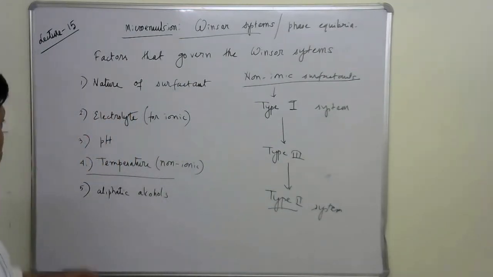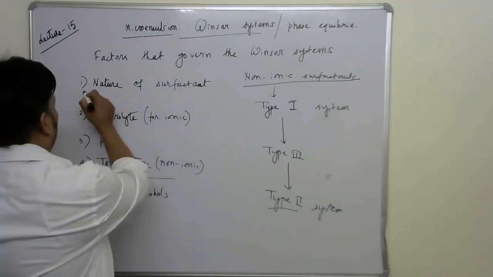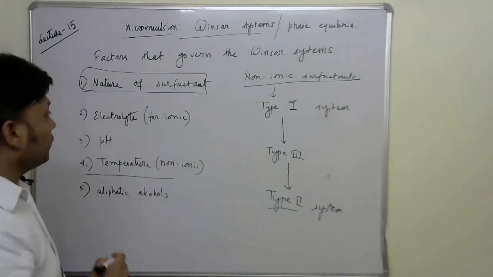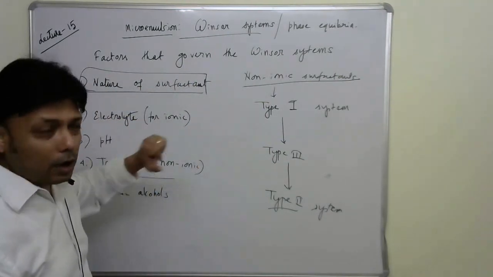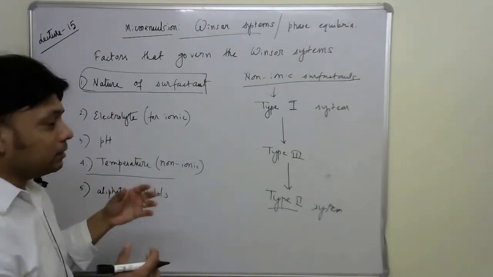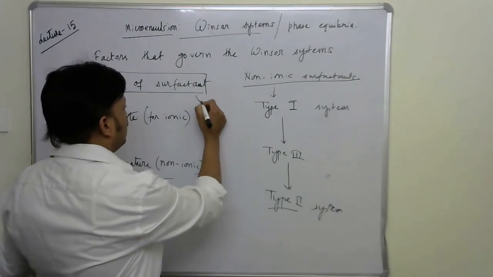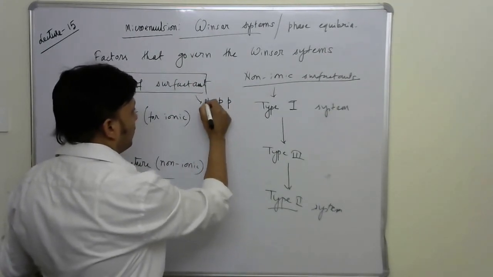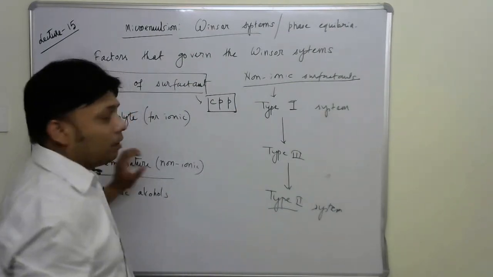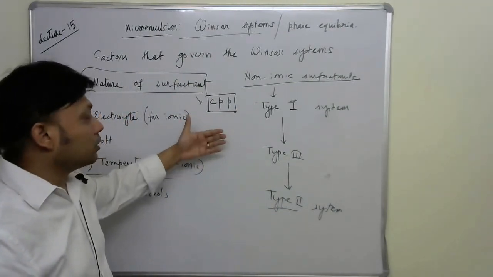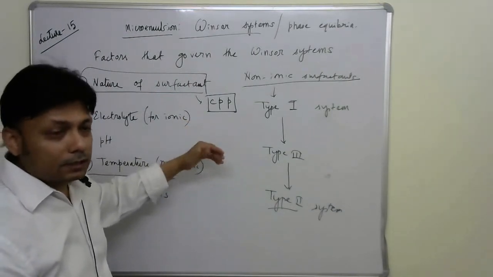Alright, so therefore temperature plays a big role for the non-ionic surfactant. And the most important effect is the nature of the surfactant, and there are several factors in the nature of the surfactant. Firstly, whether we use ionic or non-ionic, but the most important of them all is the CPP, the critical packing parameter. So remember, we have already discussed this critical packing parameter when we talked about surfactant micelles.